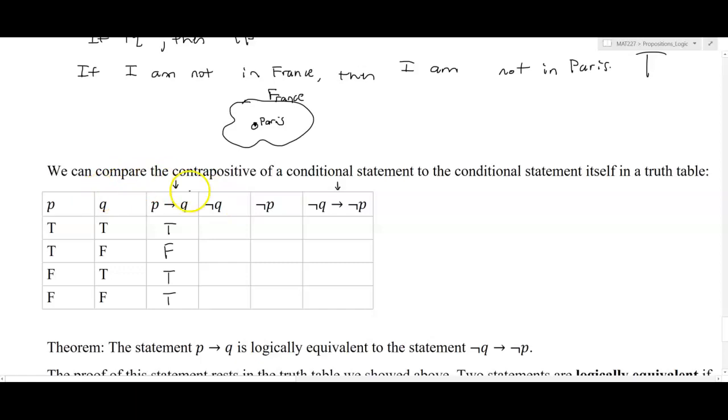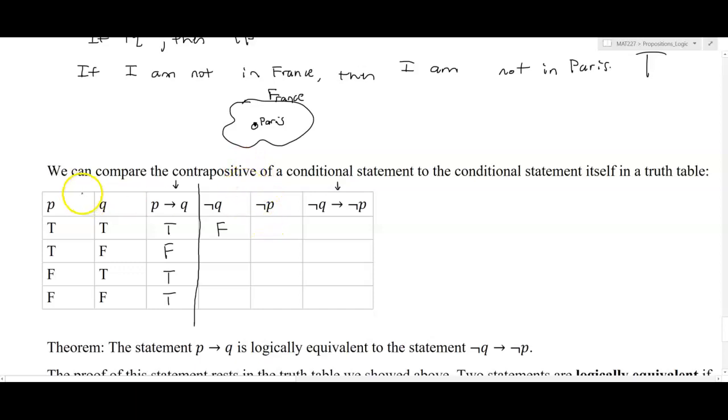Now, to negate things in a truth table, I'm going to kind of draw a line down the center here just to say that we're still using the same values in the row that we're in, but we're analyzing a different statement. So if Q is true, then not Q would be false. Right? So again, if Q is true, then the negation of Q is false, because a statement can only be true or false.